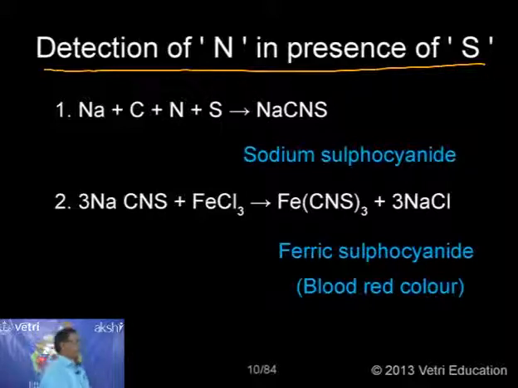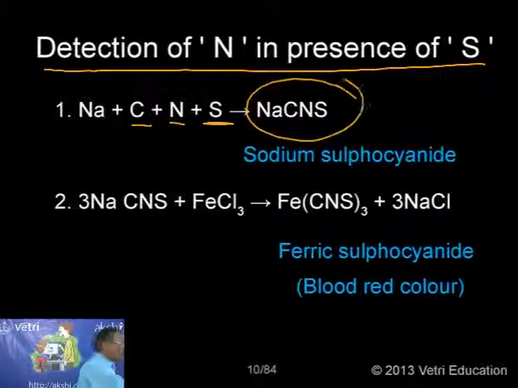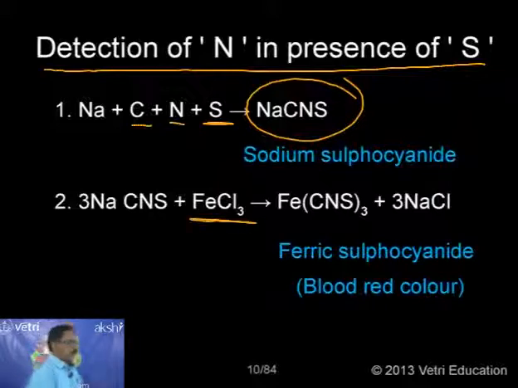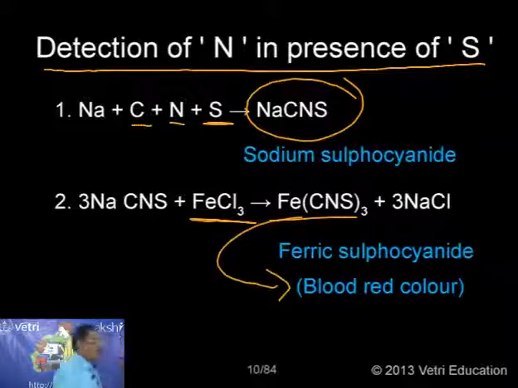So what is the idea here? Suppose along with carbon and nitrogen, sulfur is also present in the sodium fusion extract; correspondingly sodium thiocyanate will form. So in the sodium fusion extract, sodium thiocyanate will be there. When we add neutral ferric chloride to the solution, along with Prussian blue, this compound ferric thiocyanate, Fe(CNS)3, is also formed, which is responsible for the blood red coloration.